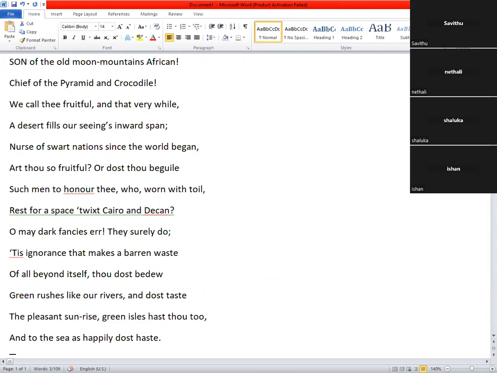Now, poet says, there is a vast desert filling our seeing's inward span. What is inward span? It refers to your eyes, your sight.